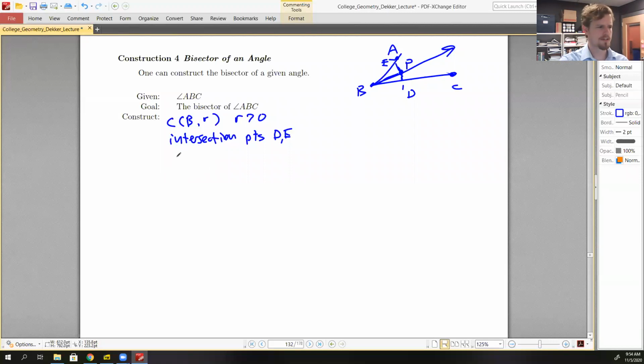In order to find a point that is the same distance from D and E, we simply create two circles at D and E of the same radius and look for where those intersect.